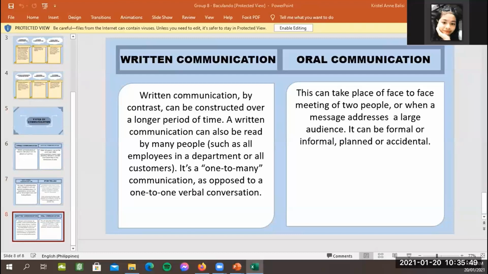For example, internet websites, proposal, letters, brochure, and advertisement and contracts. Yung internet website, brochure, tsaka advertisement po, it can be read by all of the customers na nag-ano po sa product po ng organization.